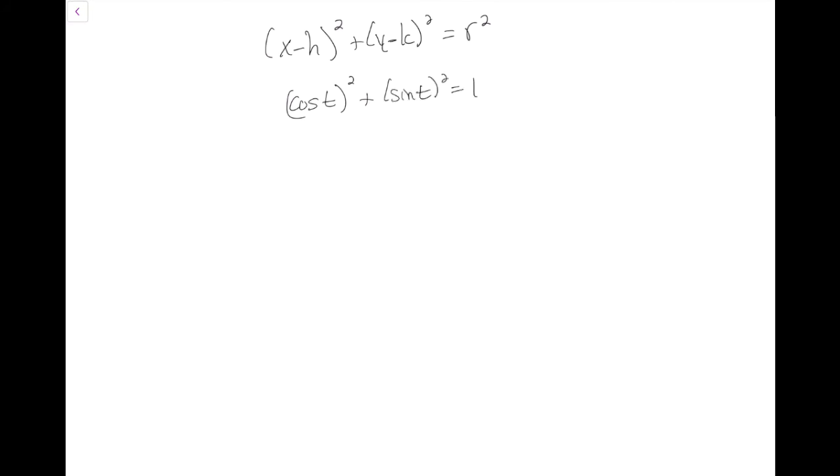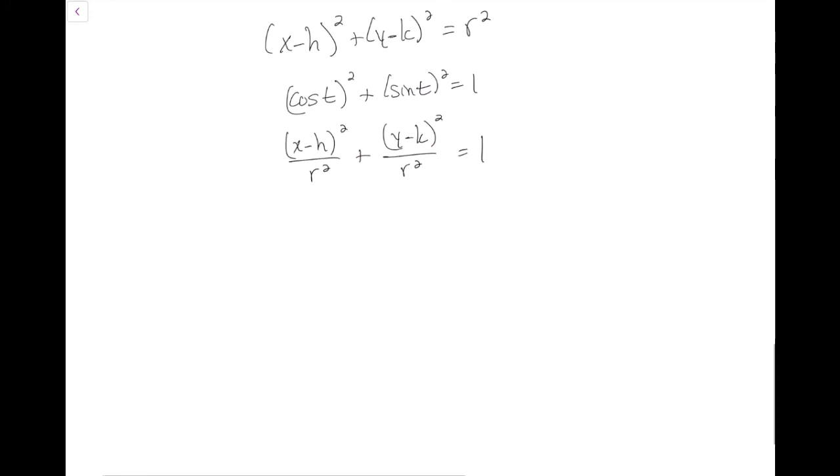Now, when we look at our circle equation, we have it equal to r squared, and what I want is 1 over there. So I'm going to divide everything by r squared for my circle equation, and that way I can make the connection to my identity.